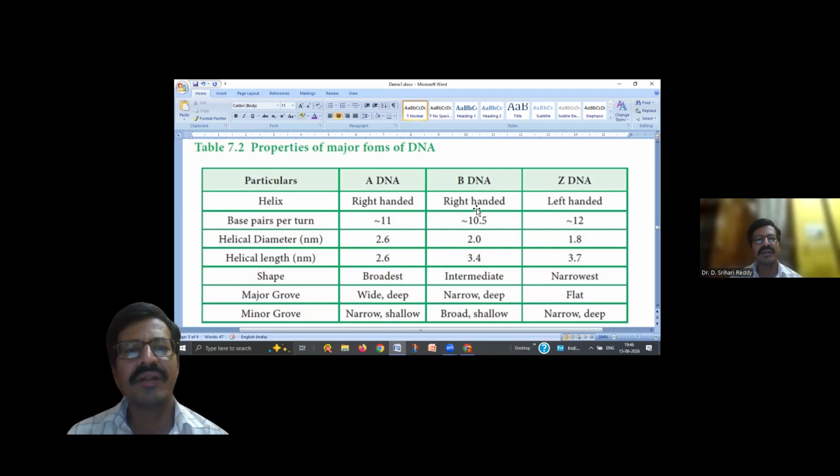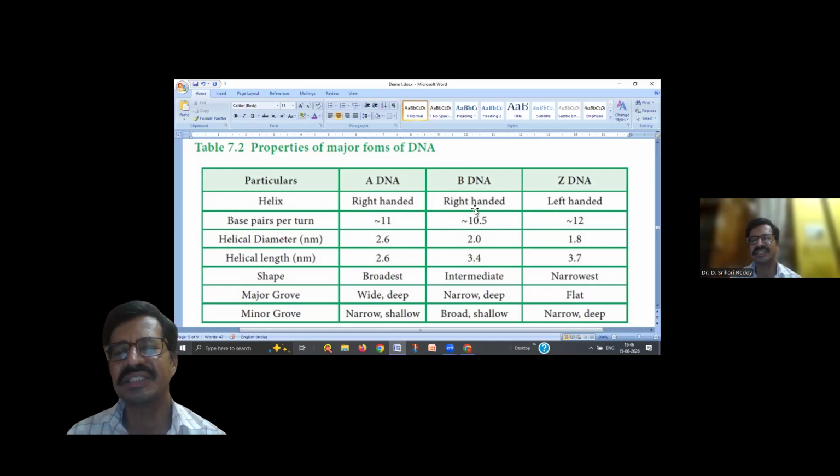You should know the differences between A-DNA, B-DNA, and Z-DNA. A-DNA and B-DNA are both right-handed. They form a right-handed double helical structure, and the helical structures turn in the right direction.